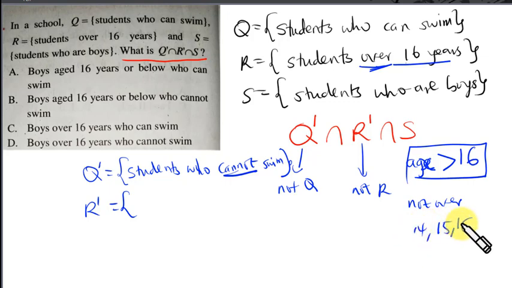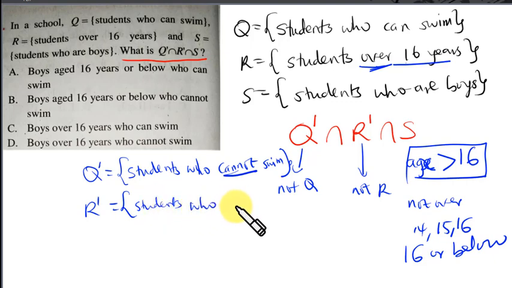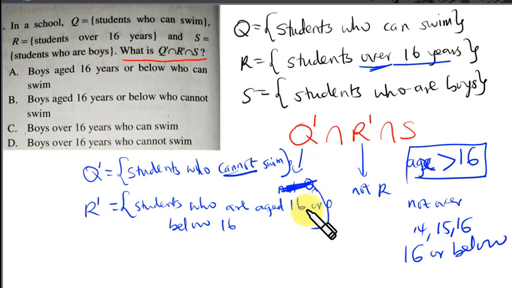So R prime are students who are aged exactly 16 or below 16. If you are not over, then you are 16 or below 16.